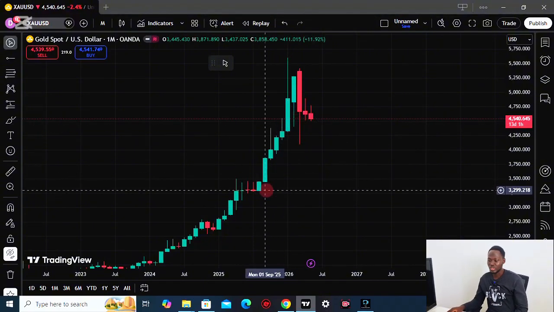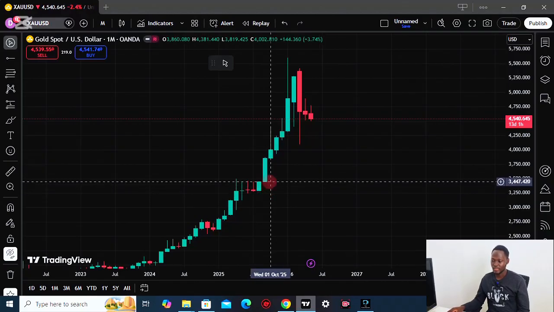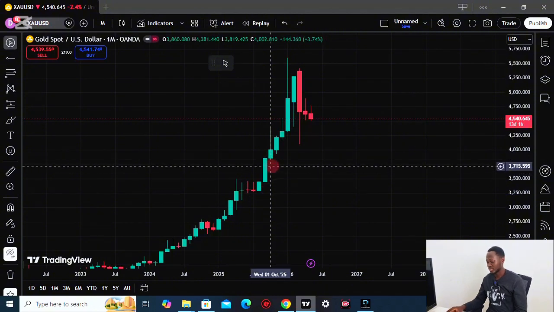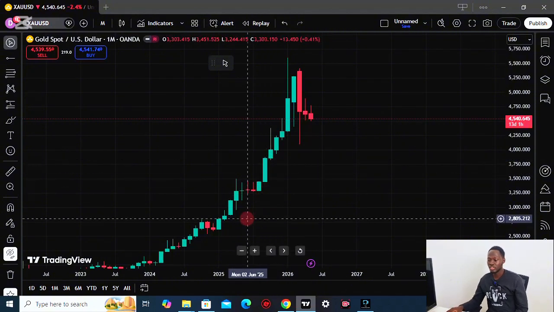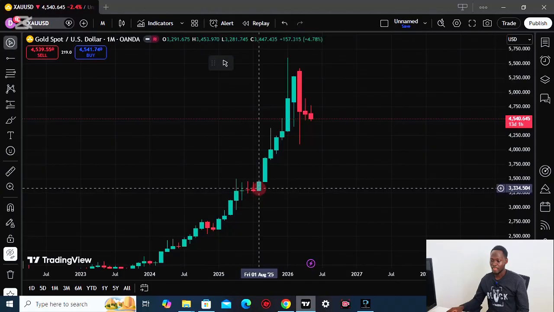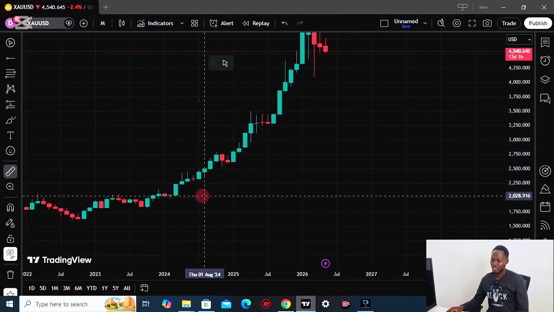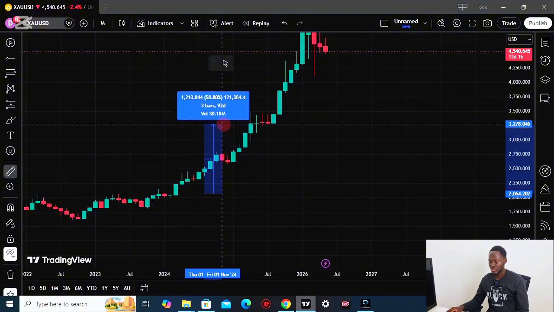In other words, it looks like an engulfing candle as we are seeing it, but it's not that perfect engulfing candle.